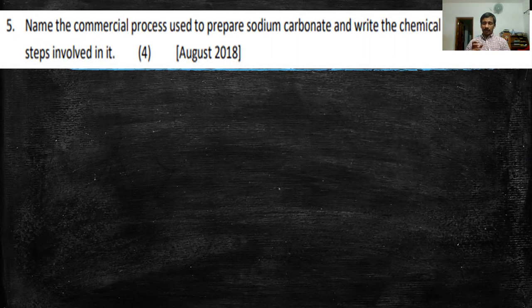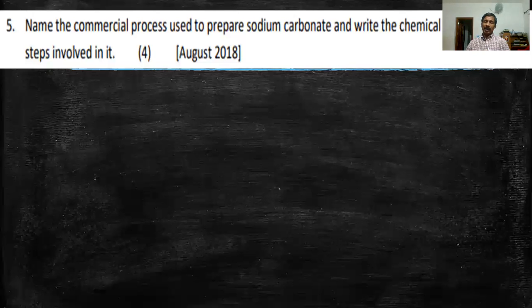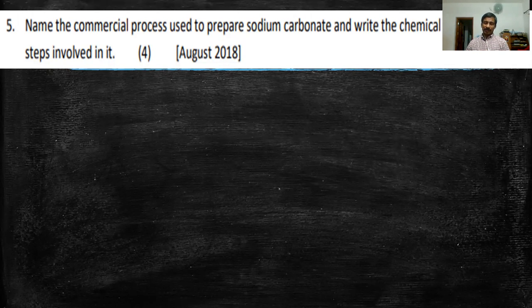First, sodium chloride solution is ammoniated. The ammoniated sodium chloride solution is carbonated; carbon dioxide is passed. Then you get ammonium carbonate, which is converted to ammonium bicarbonate.